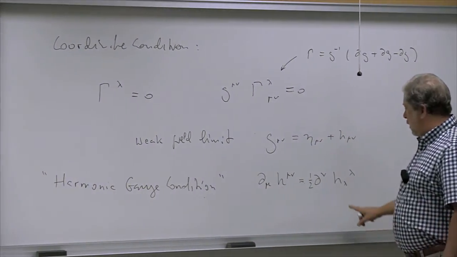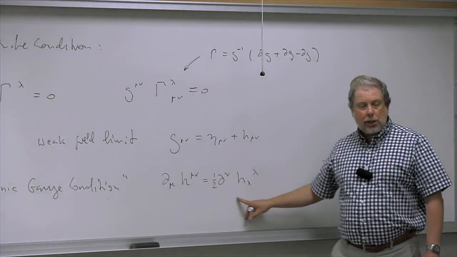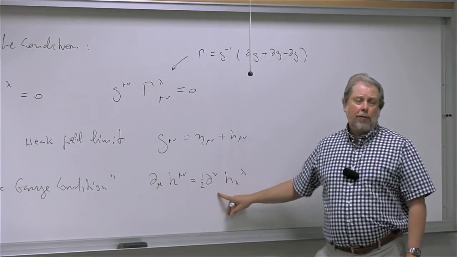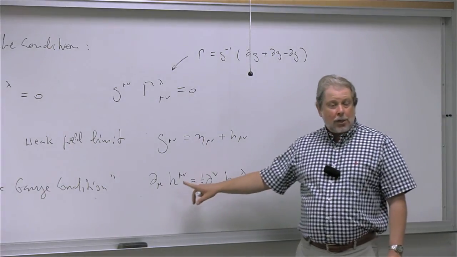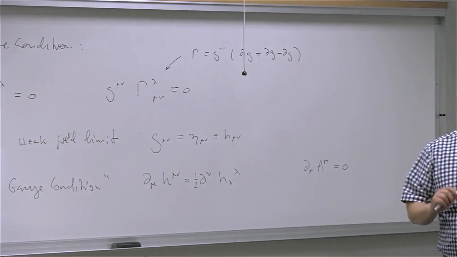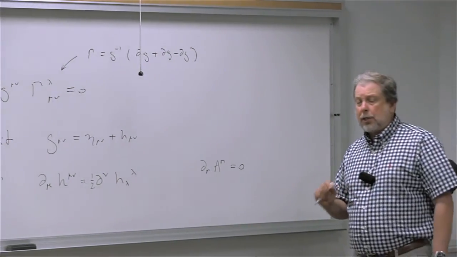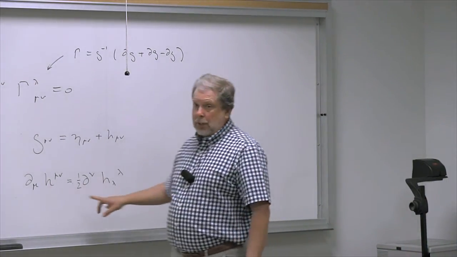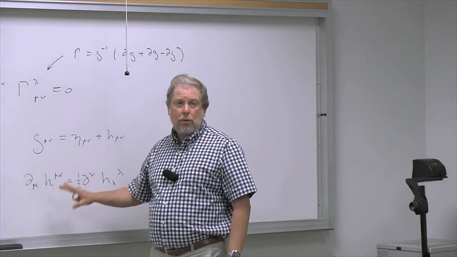For our purposes, what we'll mostly be using is this relationship in the weak field limit, because it is this relationship that gets rid of all sorts of terms which don't make the wave equation transparent, and just gives us the box h equal to something.